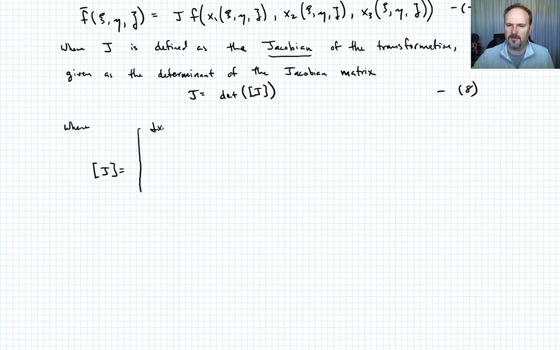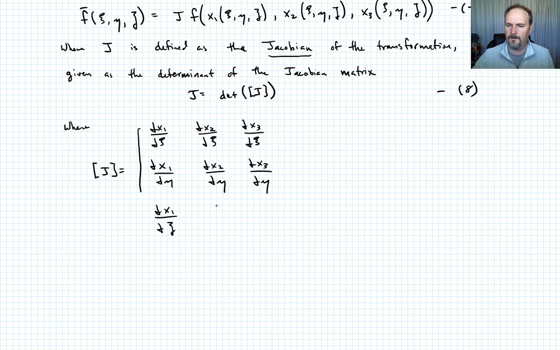It looks like partial of x1 with respect to xi, partial of x2 with respect to xi, partial of x3 with respect to xi, now partial of x1 with respect to eta, partial of x2 with respect to eta, and then partial of x3 with respect to eta, and then finally partial of x1 with respect to zeta, partial of x2 with respect to zeta, and finally partial of x3 with respect to zeta.